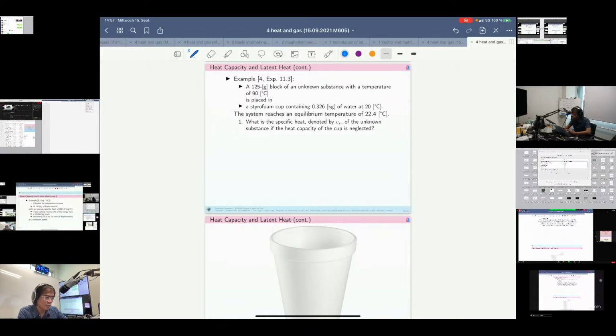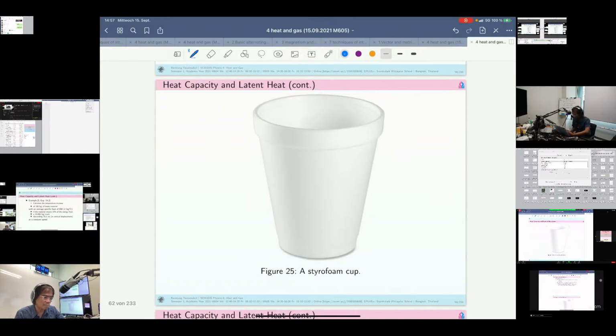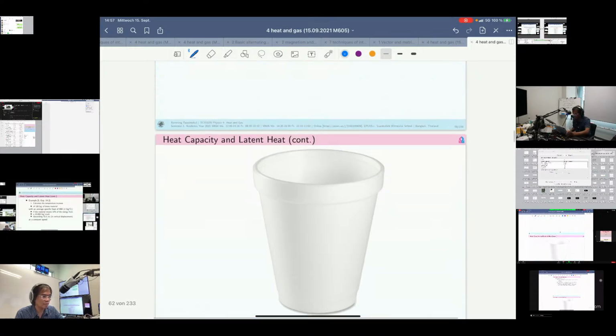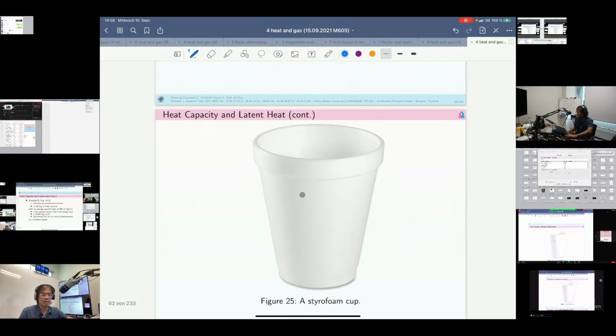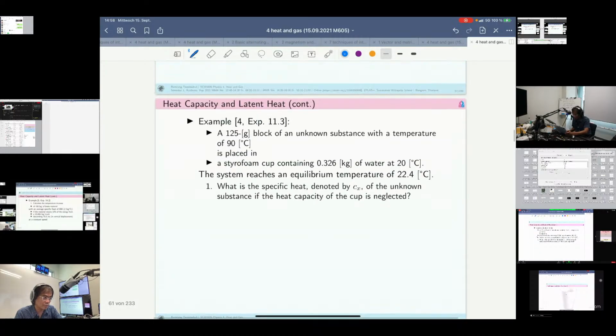Alright, here you have a styrofoam cup. It's a kind of foam, everybody is used to this. It's not plastic, it's made of foam. In the United States, maybe when they want to make a picnic or any meeting outside, they use the styrofoam, and styrofoam plays an important role in holding the liquid and so on.